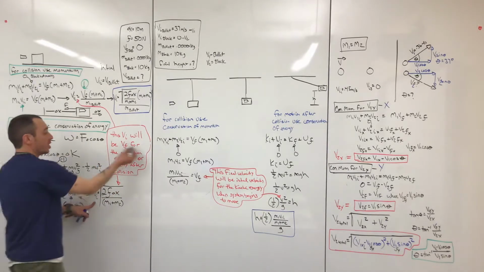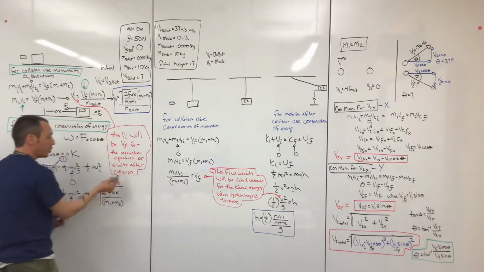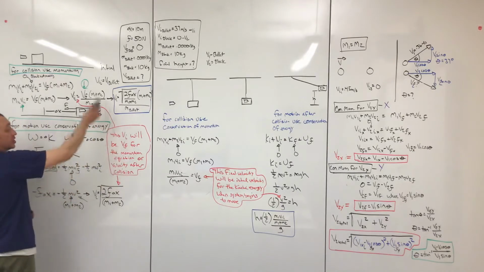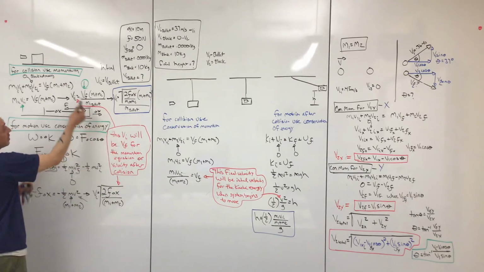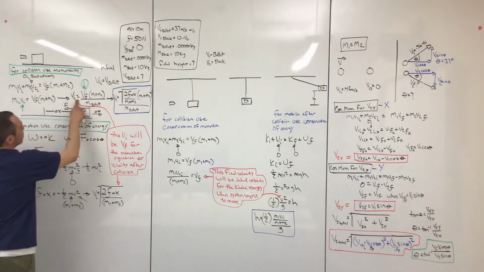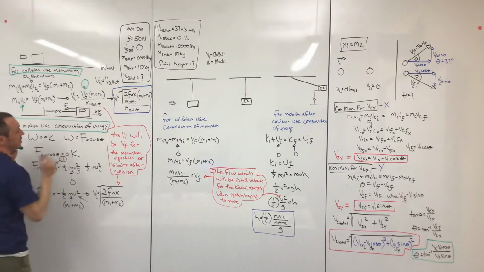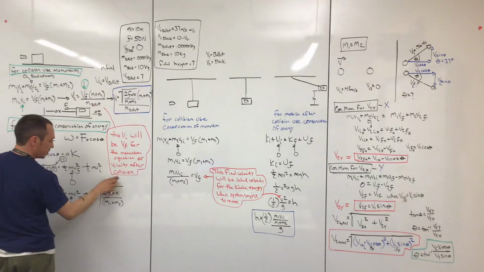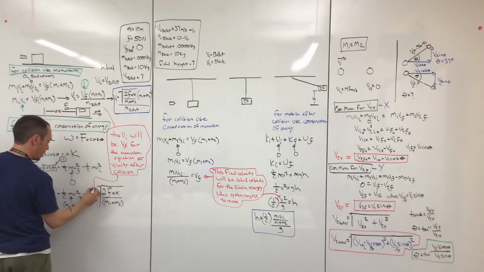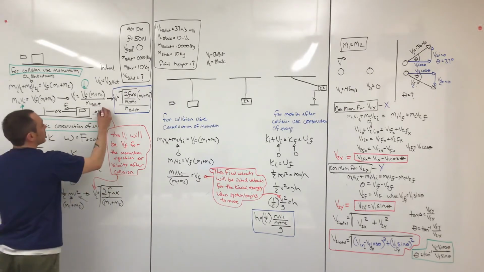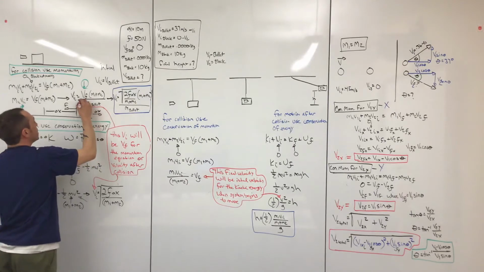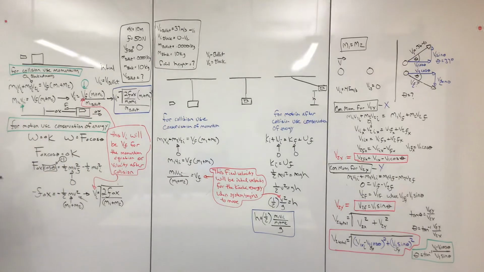So this initial velocity will be the final velocity for the momentum equation, or the velocity after the collision. Oops, I drew that to the wrong spot. Let me just point that at the wall: this velocity right here is going to be the same velocity that's there, that final velocity.